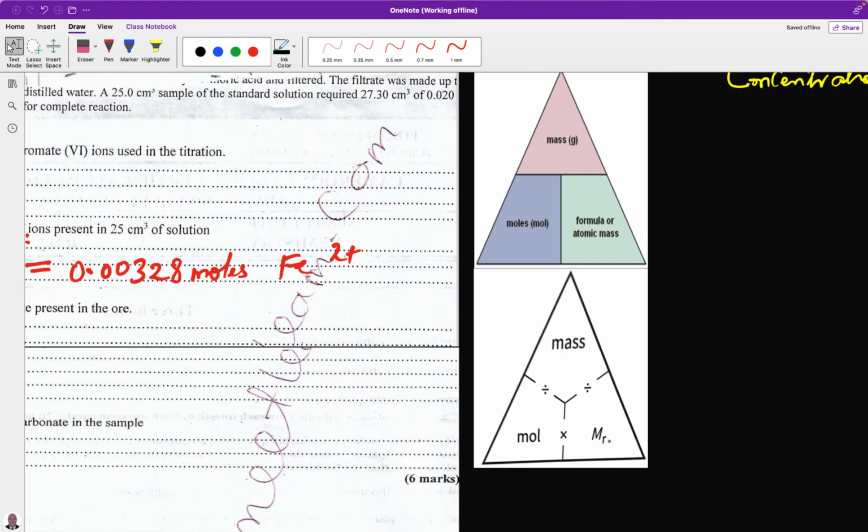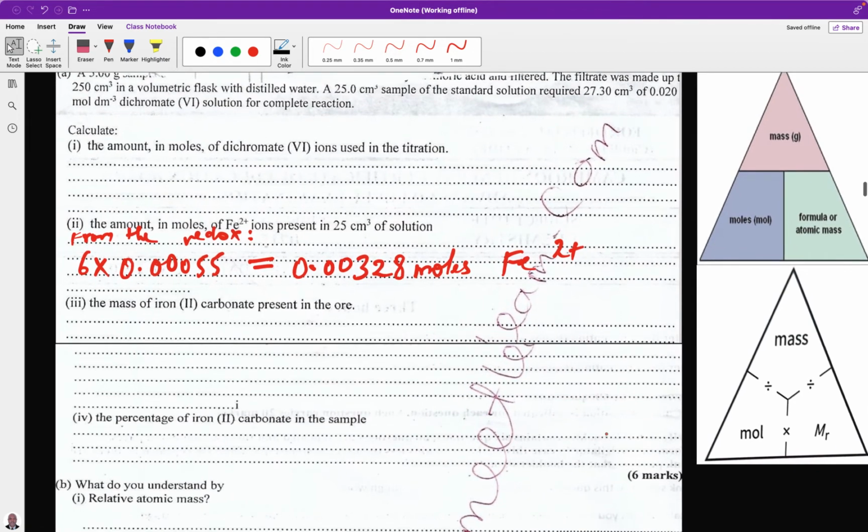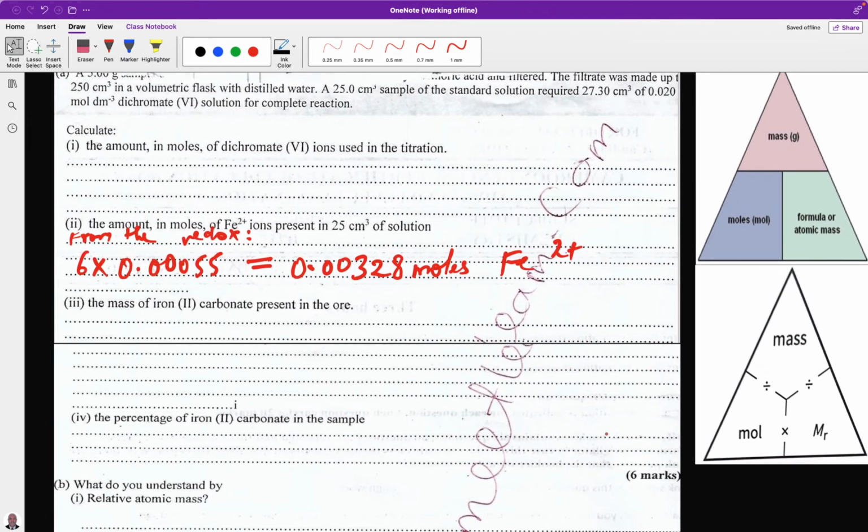So in that case, we now have the moles. In order to have the mass, you need to do what? Multiply, use this equation here: moles times the molar mass. You want to have the mass. And the molar mass of iron 2 carbonate is what? You need to have the molar mass of the iron 2 carbonate.